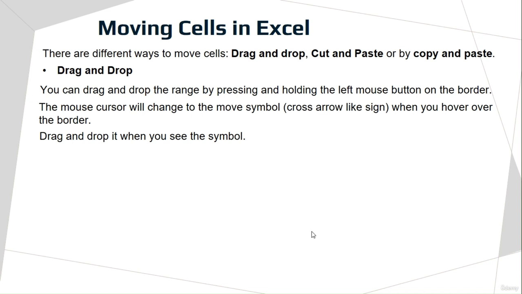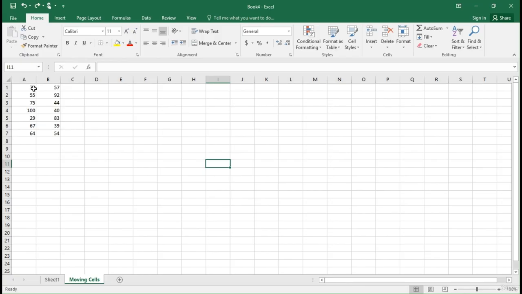Let's take a look at this using drag and drop. Now, you start by marking the area. You highlight the area you want to move. Now hover around the border to see the move symbol, which is a cross arrow-like sign, which is this.